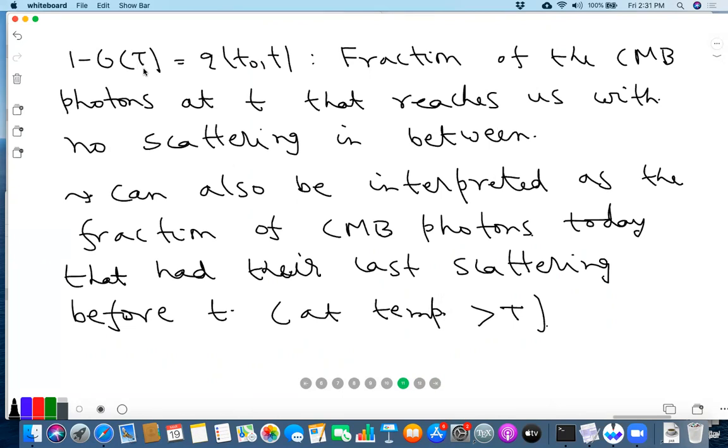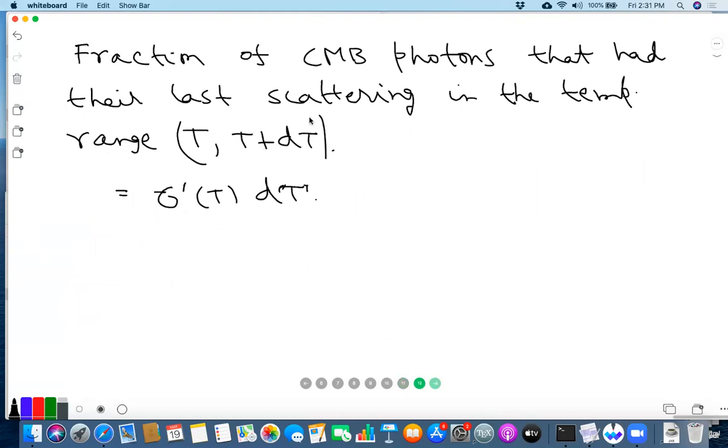So the difference between the two will represent those photons, the fraction of photons which had last scattering between T and T plus dt. That's what we're calculating. So calculating the difference between 1 minus O of T and 1 minus O of T plus dt. And that's the origin of this equation. Is this clear?